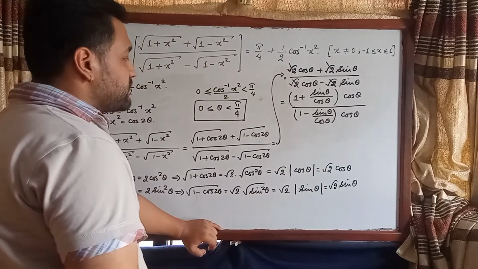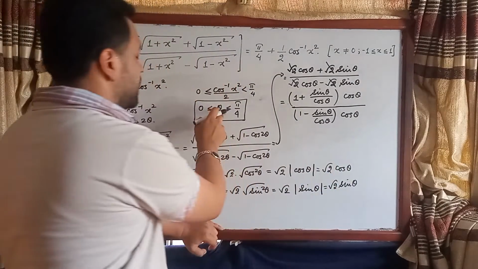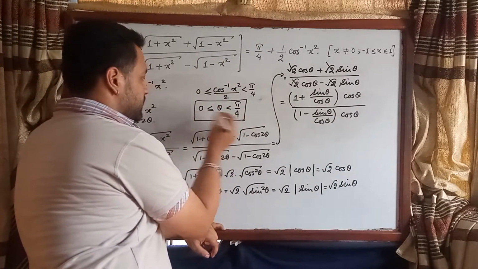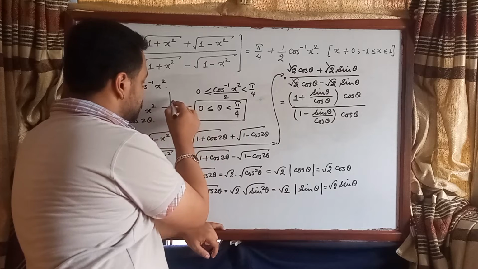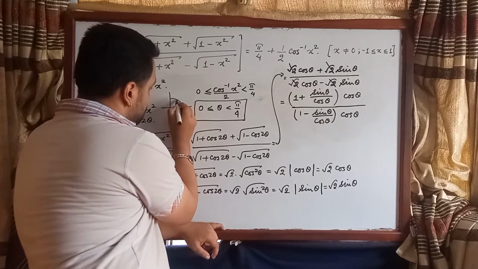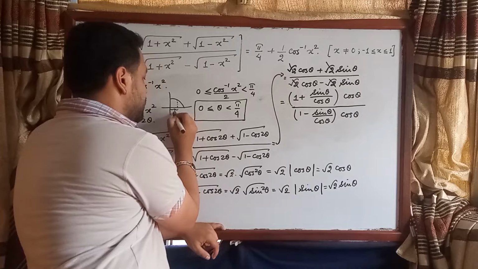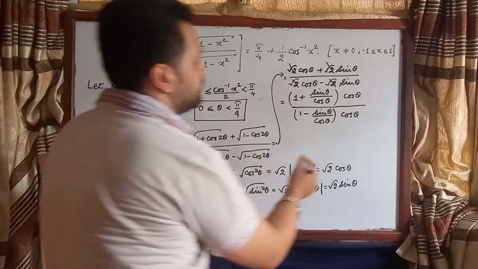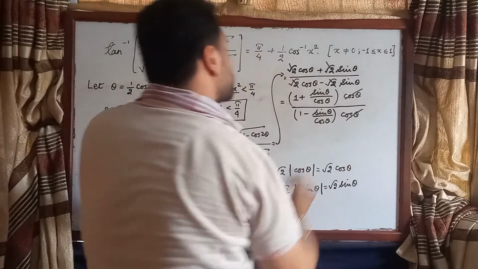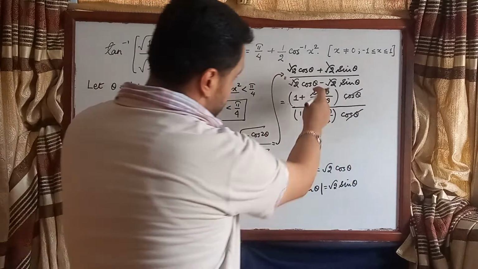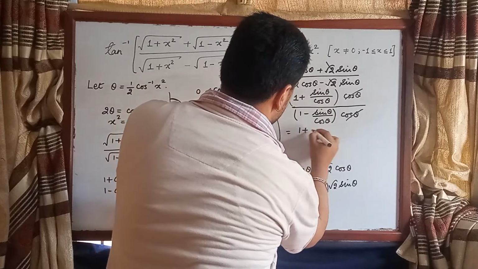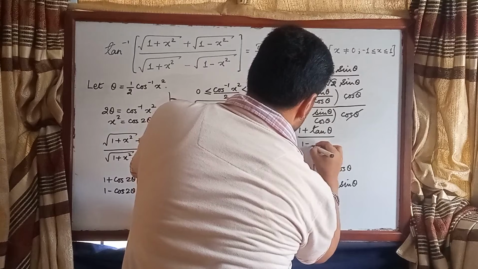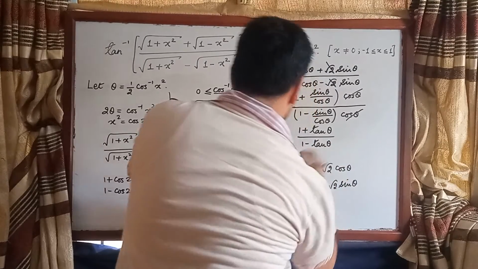And we can factor out cos theta because cos theta is not 0. This is where theta belongs, so cos theta is not 0, it's positive. So we can cancel out cos theta, and sine over cos means tan, so this is 1 plus tan theta over 1 minus tan theta.